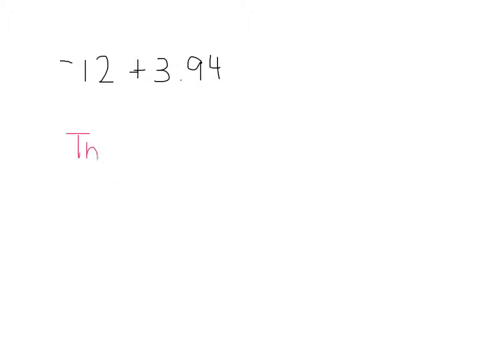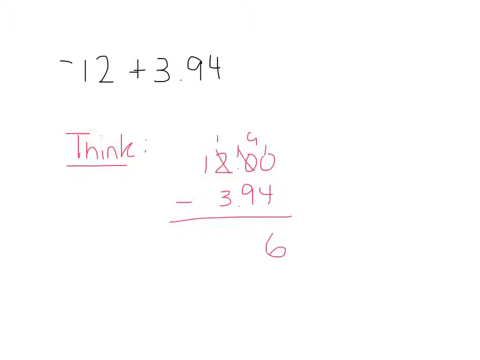So you're going to need to think about this like 12 minus 3.94. Fill in the zeros like we just did. Borrow. Subtract. But then you have to change your answer to negative 8.06.